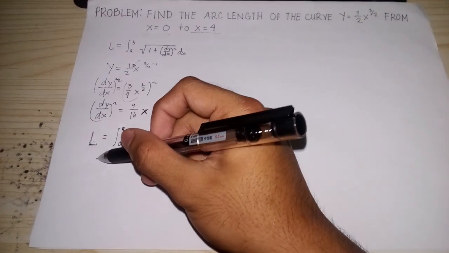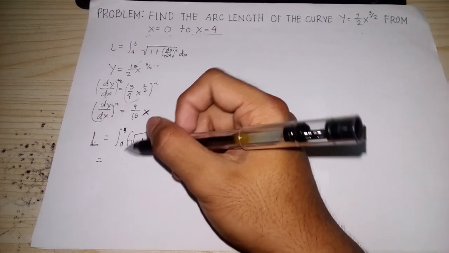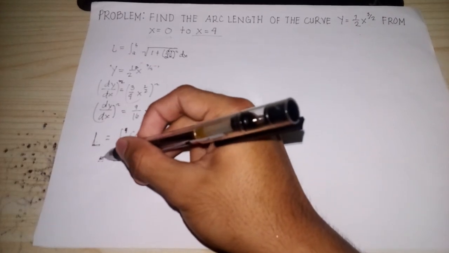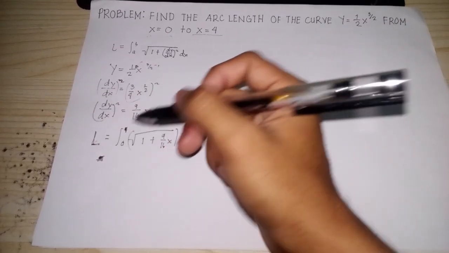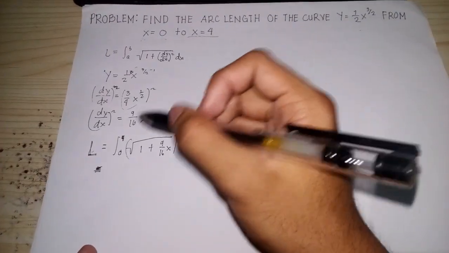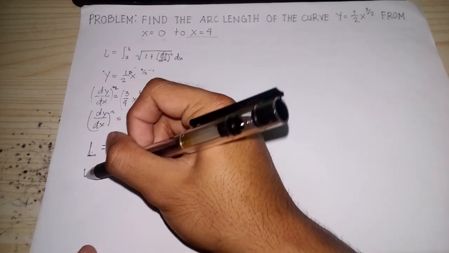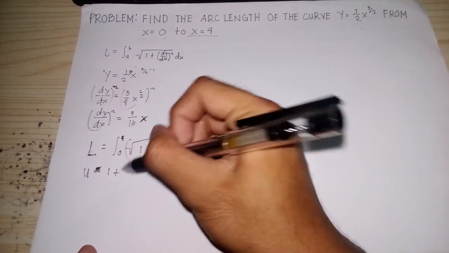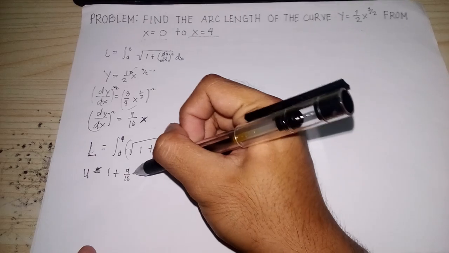But now we will use u substitution, since this is hard to integrate. We let u be equal to 1 plus 9/16 x.